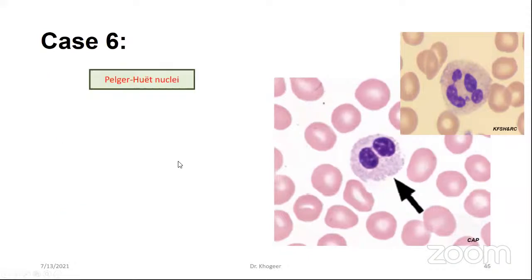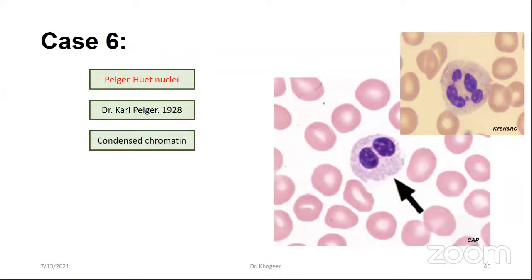So neutrophils with 2 round nuclear lobes connected by a distinct thin filament are designated as neutrophils with Pelger-Huet nuclei, or as Pelger-Huet cells. Dr. Karl Pelger, a Dutch hematologist, was the first to describe this morphological feature in 1928.